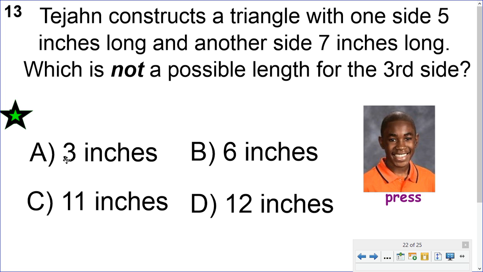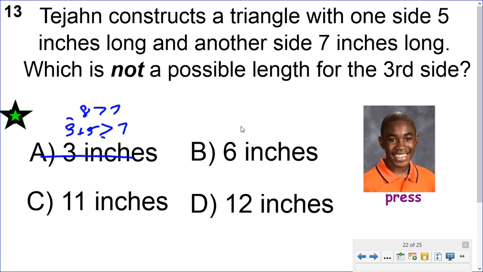So like 3 plus 5, add that together, see if that's longer than 7. 3 plus 5 is 8. 8's greater than 7, so that's not it.